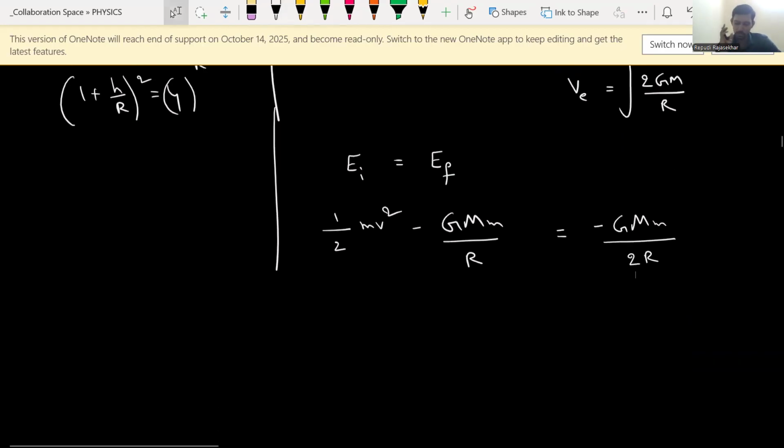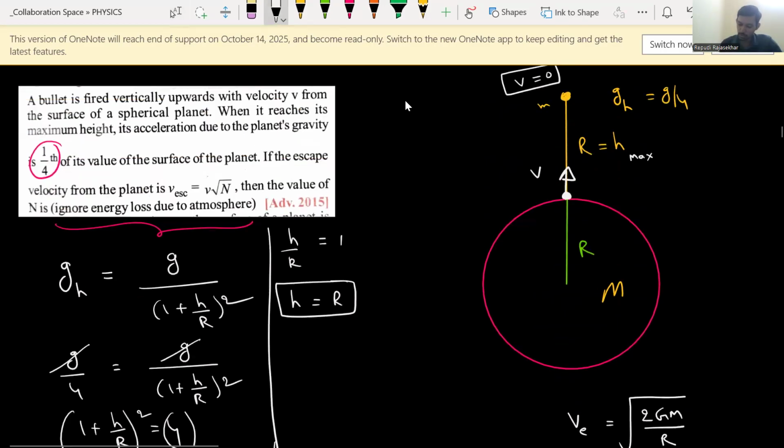Here I repeat this point. The particle is on the surface, so we can write the initial potential energy equals minus G into planet mass into particle mass divided by the initial distance from the center to the particle, which is R. This is the point.